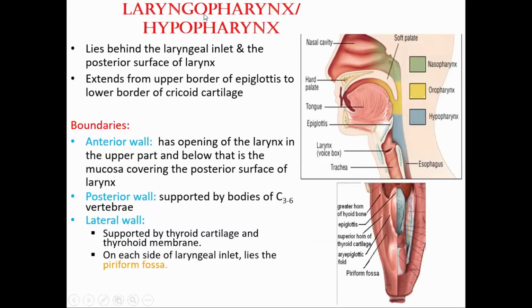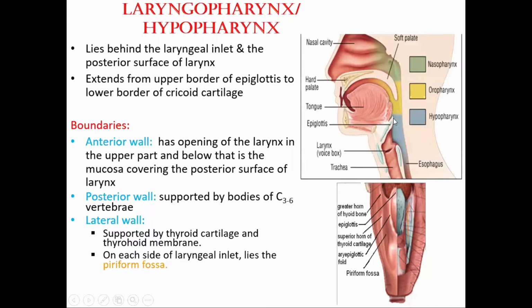Now the next is the laryngopharynx. The third part is the laryngopharynx, also called the hypopharynx. Epipharynx is the nasopharynx, then mesopharynx is the oropharynx, and the hypopharynx is the laryngopharynx. So it lies behind the larynx. It extends from the upper border of the epiglottis to the lower border of the cricoid cartilage.